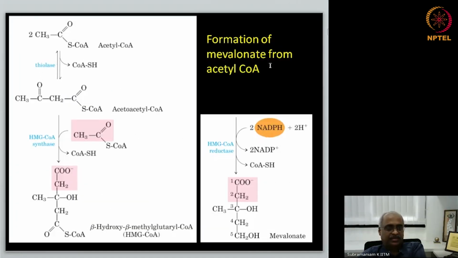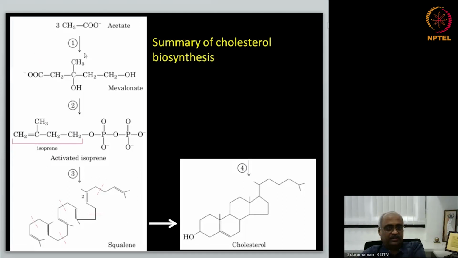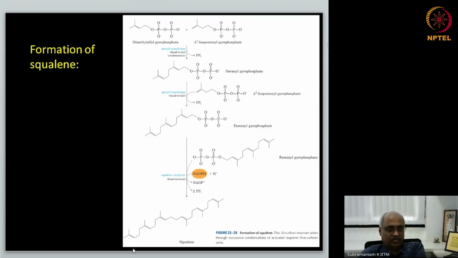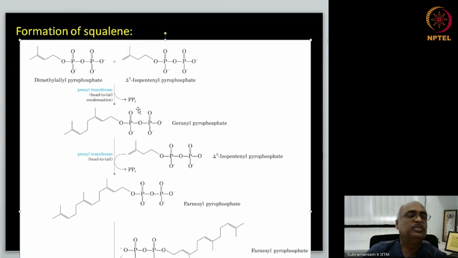Going back, the first step is mevalonate, and the second step we just finished seeing is the formation of this IPP and DMAPP, the active isoprene units. And they will condense again, 2 rounds of condensation, to form squalene. This I'll blow up because it's small. I hope this is readable.